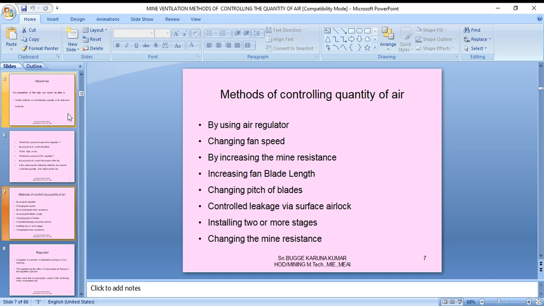Changing the pitch of the blades is one type of controlling mechanism. Controlling leakage via surface airlock is also one of the techniques. Install two or more stages, so the air will be stopped at one stage and released to another stage. Changing the mine resistance. So these are the various techniques presently used for controlling the quantity of air.